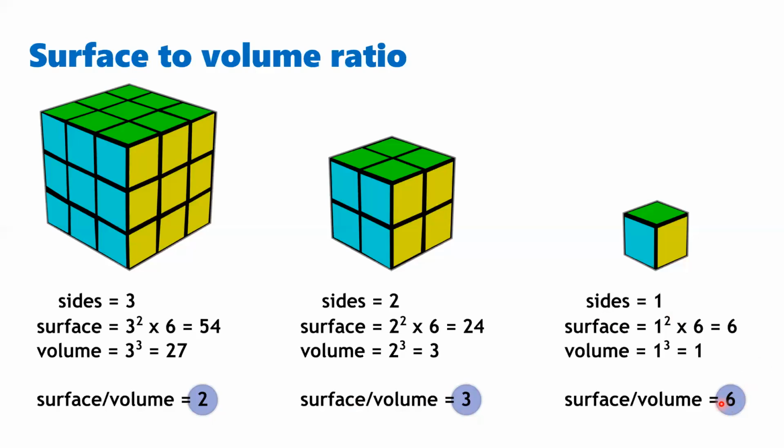Now, as we are reducing the size of the bulk material to the nanomaterial, surface to volume ratio is increasing, and this increase in surface to volume ratio will contribute to the enhancement of properties of the nanomaterials significantly.